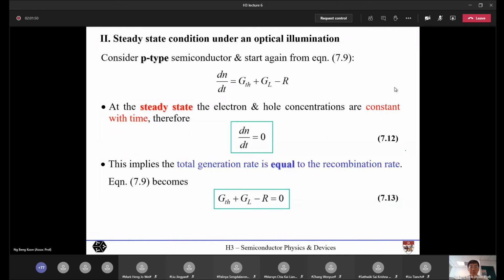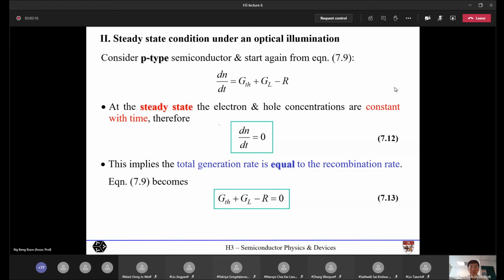Okay, let's look at the case 2, where when you shine light on a semiconductor and you give it sufficient time, right, and it stabilizes, okay, how would the delta N end up, okay, in terms of its value? So again, using the rate equation at steady state condition, right, the graph that we showed, right, steady state means that the concentration of the carriers don't change anymore. Okay, that's why it's flat.